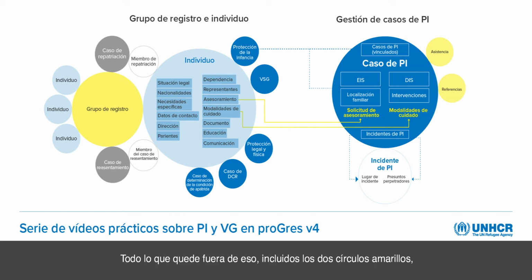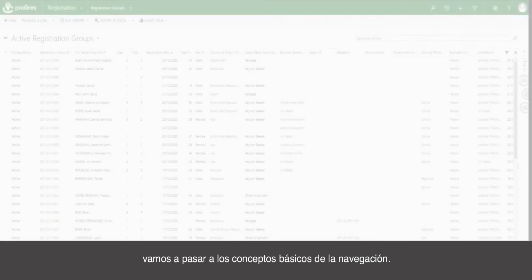Anything that falls outside of that, including the 2 yellow circles that indicate the entities that move between the various modules, is based upon the privileges granted for those individual modules. So now that we've covered the basic structure of Progress V4 and specifically the child protection and the SGBV modules, we will now move to basics around navigation.